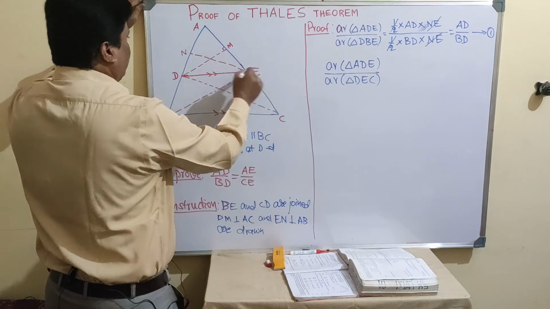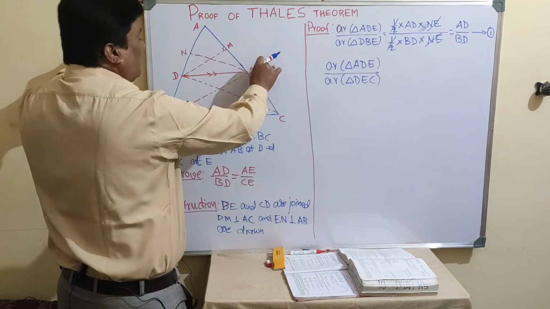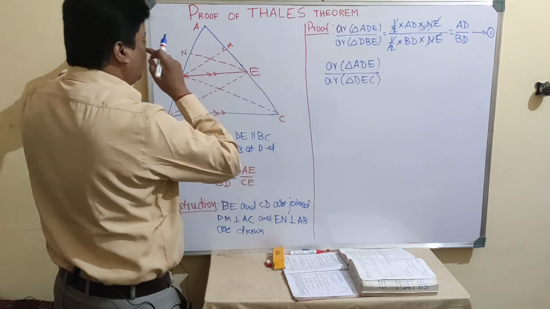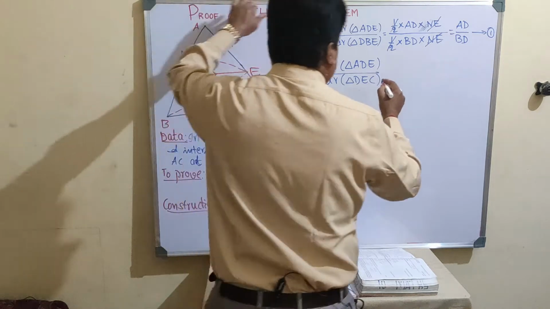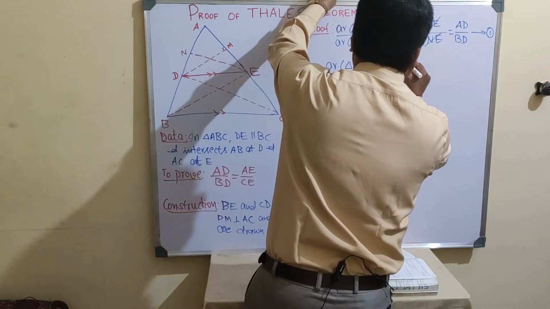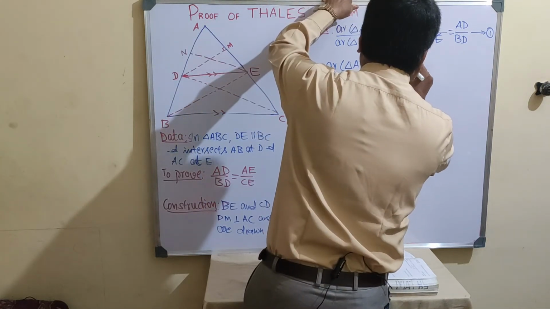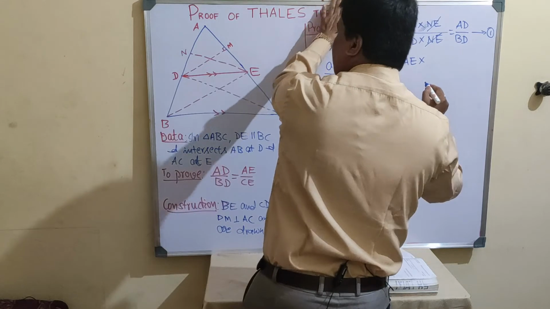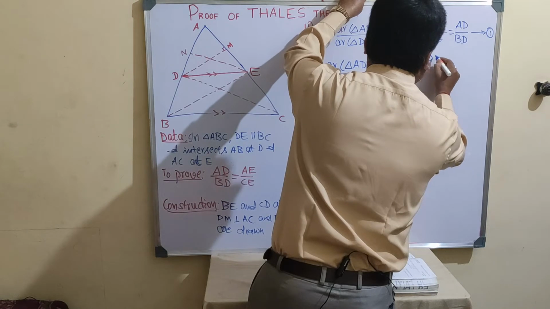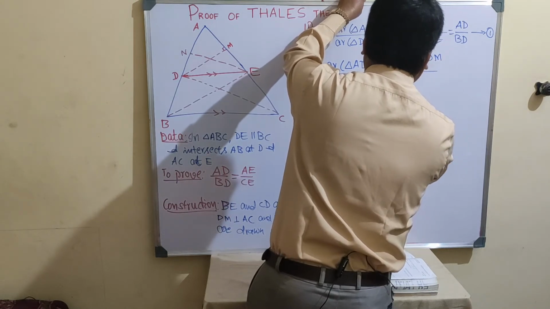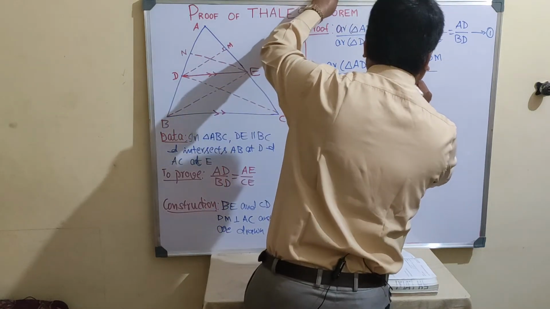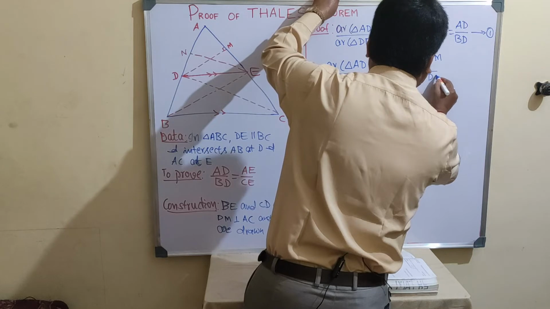Here we consider AE as the base for triangle ADE, and EC as the base for triangle DEC. That is half into AE into DM by half into CE into DM.